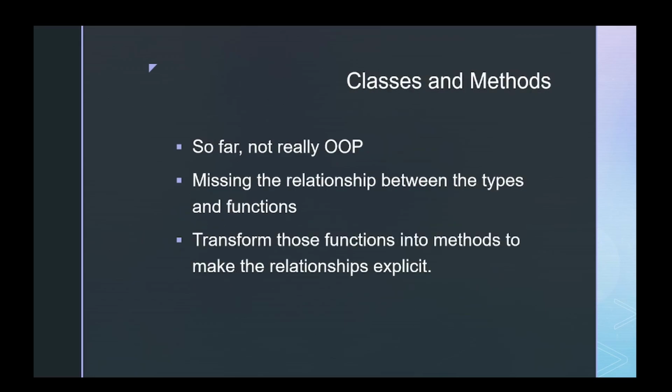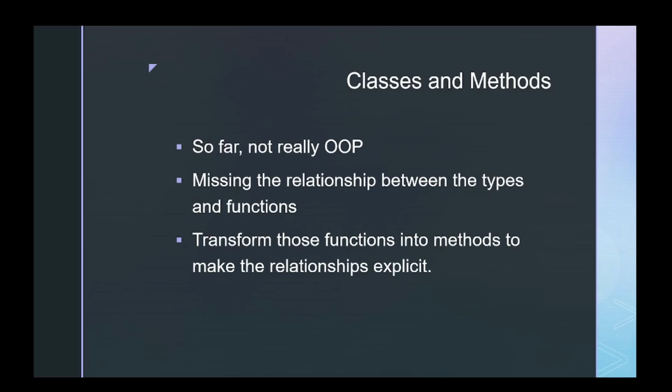Now, so far, what we've done is not really object-oriented programming. We've been learning all of the ground rules and the basics. We've taken our object and we've given it attributes. But what is missing is the relationship between these data types, these new user-defined types, and functions. Remember, functions are the verbs.